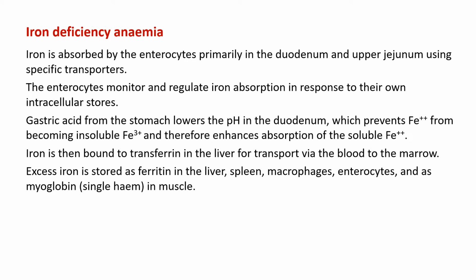partly in the liver, but also in the spleen, in macrophages, because macrophages help with the breakdown of senescent erythrocytes, in enterocytes, because remember they have those intracellular stores that indicate what the levels are in the rest of the body, and also stored in the form of myoglobin, which is a single heme in muscle.